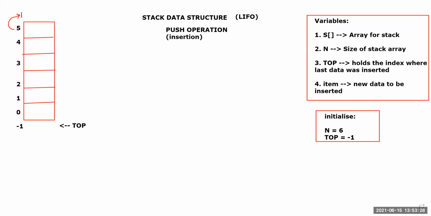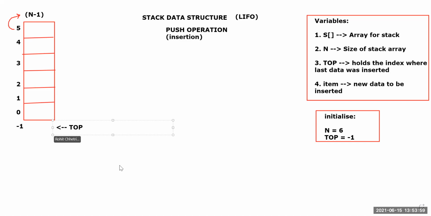So n-1 means the maximum index. We already covered in the last video that if somehow my top reaches n-1 position, after that we cannot insert any more data. All right. Once my top reaches the n minus 1 position, means 5, after this I cannot increase my top and insert data over here.